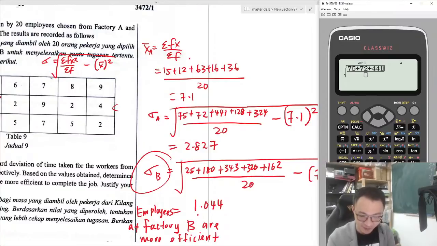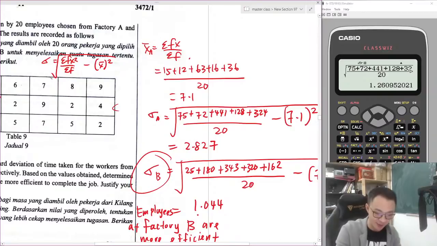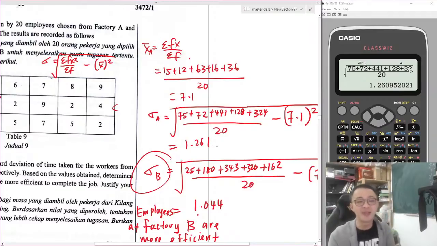Plus 441 plus 128 plus 324 over 20 minus 7.1 squared. Alright, this one will be 1.261. Okay, still B is the lower value, isn't it?